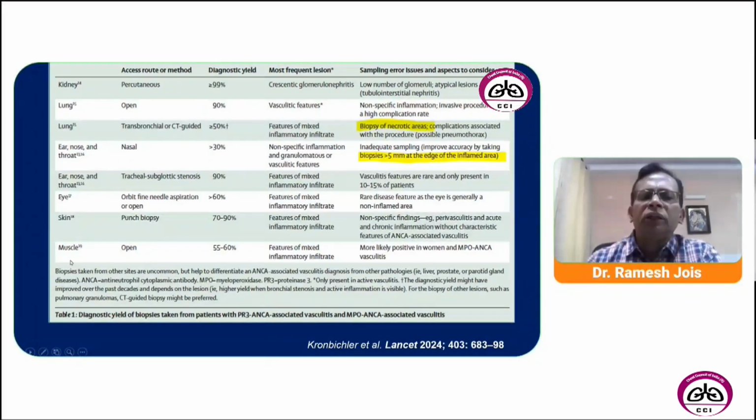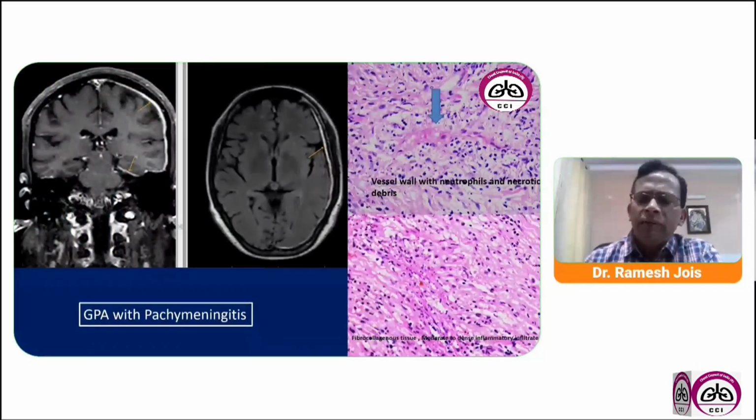There are also many other organs which are not so useful for a biopsy, but when present, it is very suggestive. Sometimes clinical manifestations from vasculitis may be so diverse, and infection becomes a critical differential diagnosis. Lung is obviously one such area where infection is a very critical exclusion. Likewise, this is an unusual case of brain where the patient had pachymeningitis.